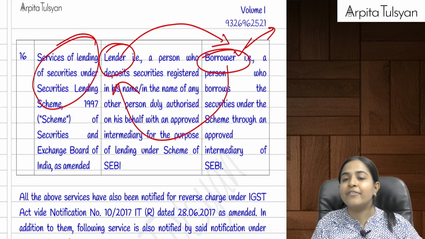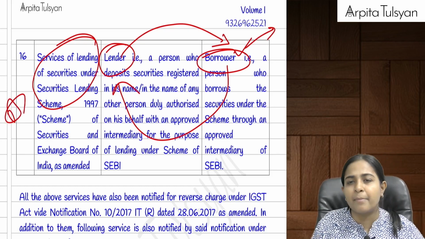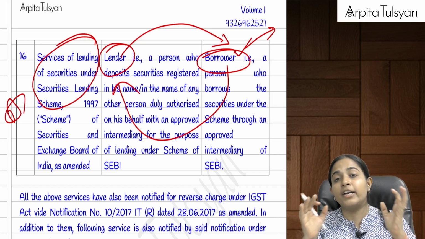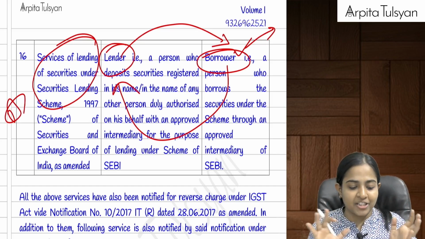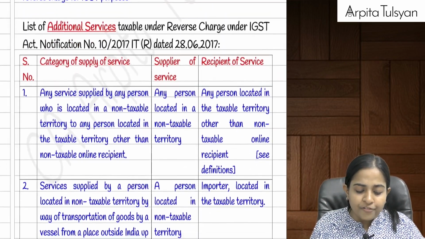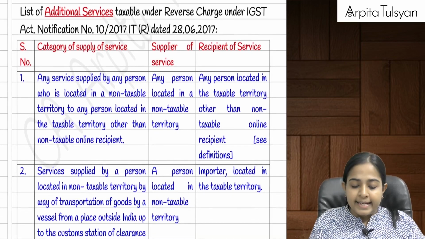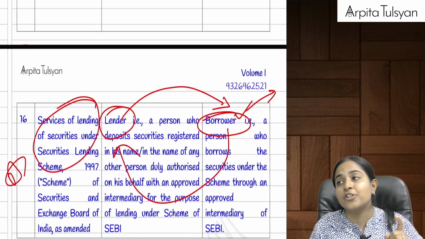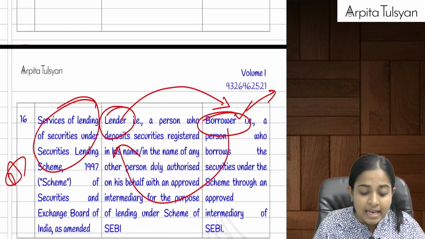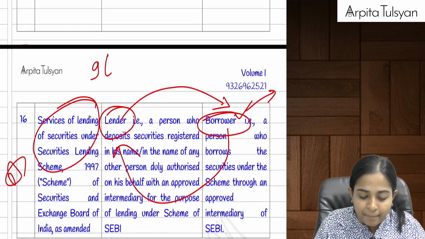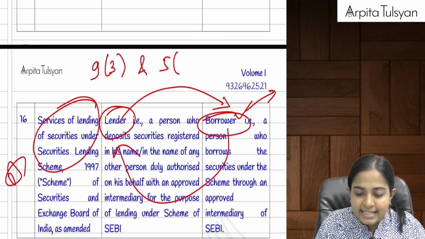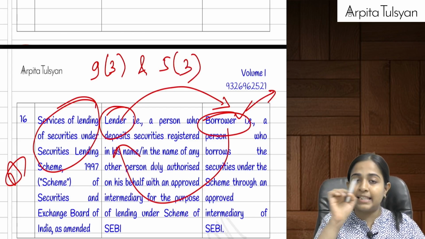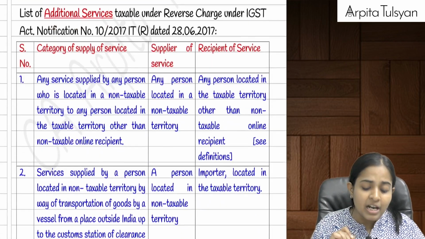This is not relevant from the exam point of view, but just remember this. Lender of any securities under SEBI, the transaction is done under the purview of SEBI. Are you clear with this? Yes, these were some of your transactions for reverse charge mechanism of services, which was there under section 9(3) of the CGST Act and section 5(3) of the IGST Act.